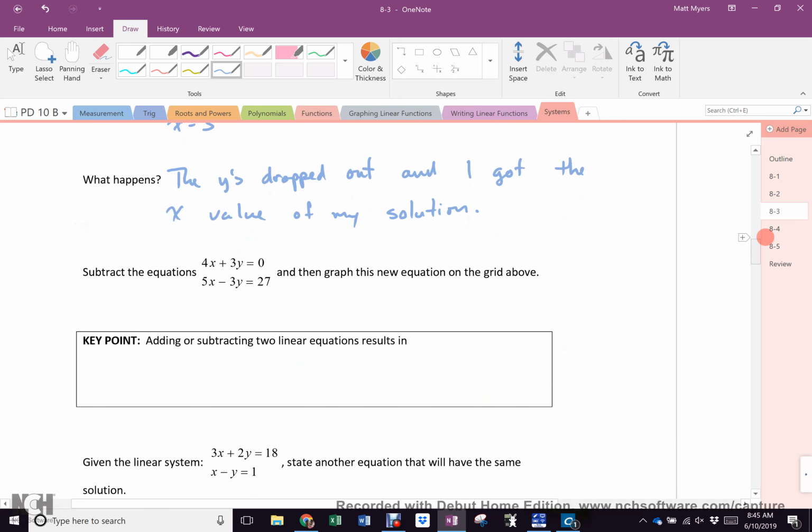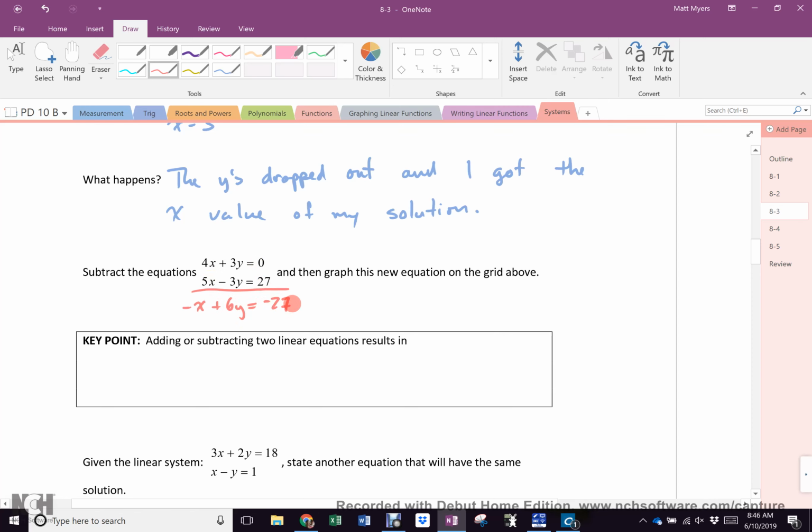Now let's do this one. What if I subtract them? What is 4 minus 5? Negative x. What is 3 minus 3? 0. Positive 6y equals what is 0 minus 27? Negative 27.